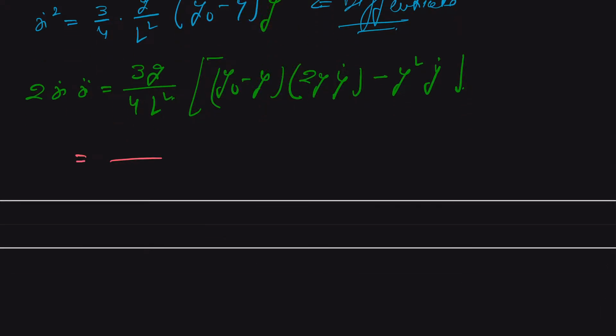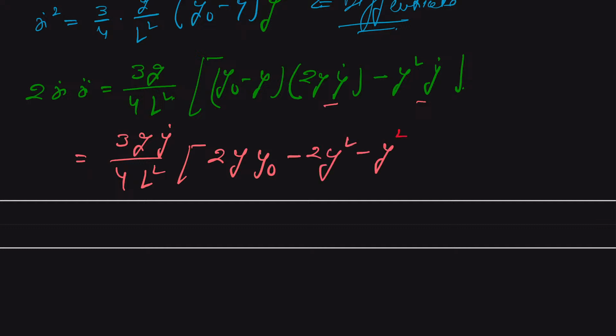So this comes as our 3g by 4L square, and this will be our 2 y dot, we can take as common, so this comes as our 2y y naught minus 2y square minus y square.